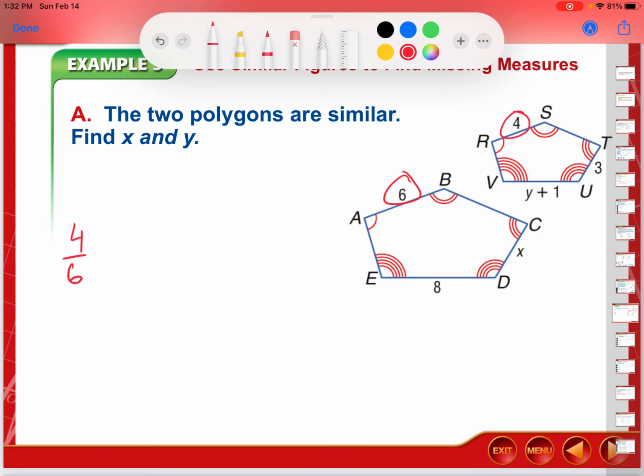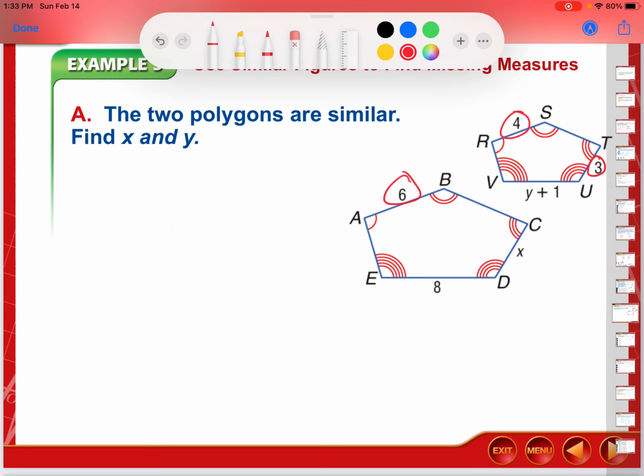So I could say this smaller polygon is going to be 2/3 the length of whatever the length is on the bigger one. Or I could say that the bigger one is going to be 1.5 times the length if I set it up as 6 over 4. So I could say whatever the side length in the smaller one times 1.5 is going to be that bigger length. And that's one way to do it.